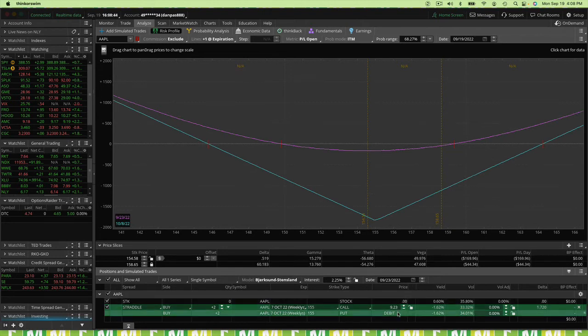That's $1,800. We want to do that modeling, and we want to look at what our delta is, what our gamma is, but especially what our theta is. We lose $56 every day this doesn't work out, and if we stay close to the strike price, worst case scenario, that theta is going to get even bigger. So we've got to set sort of a time stop for ourselves.